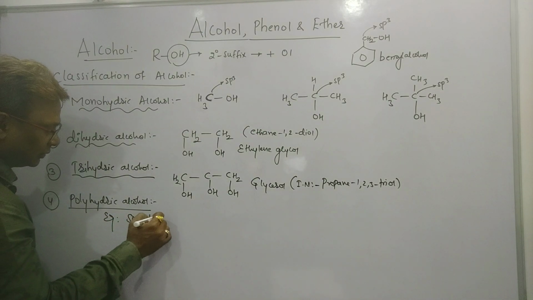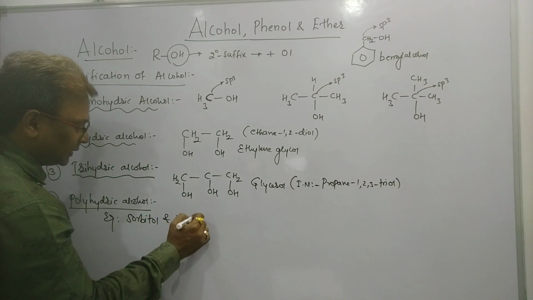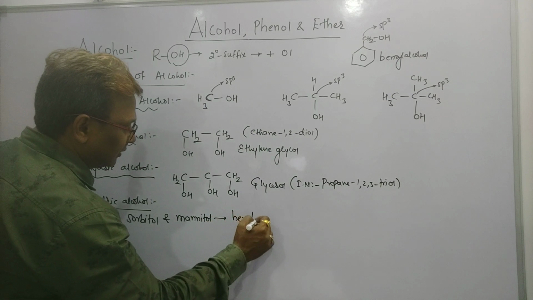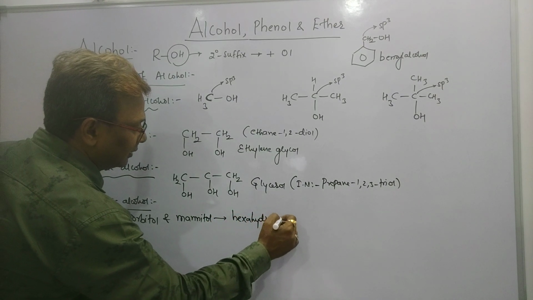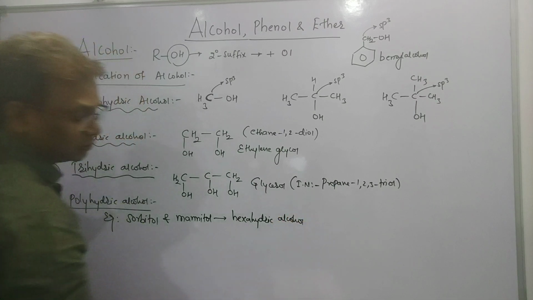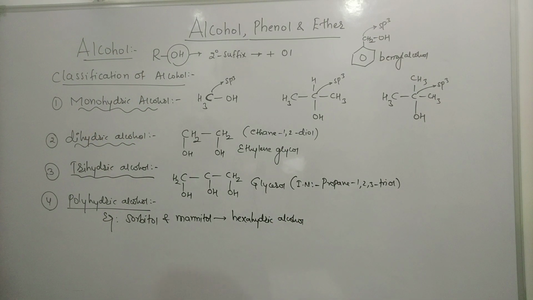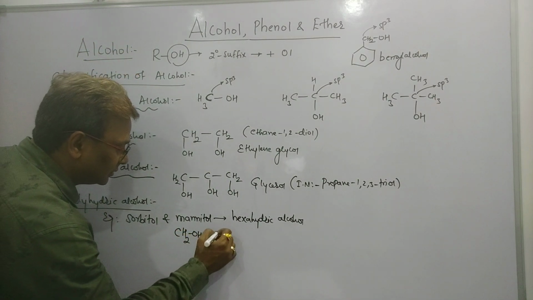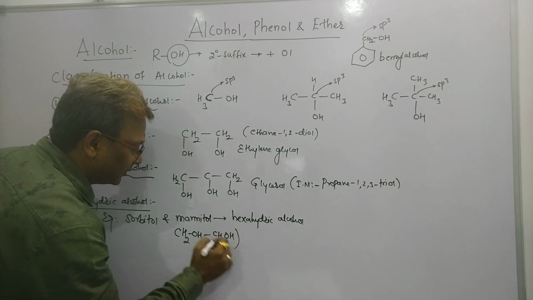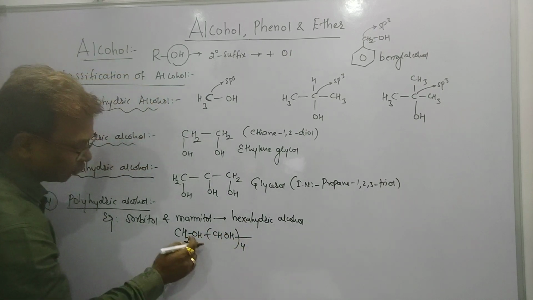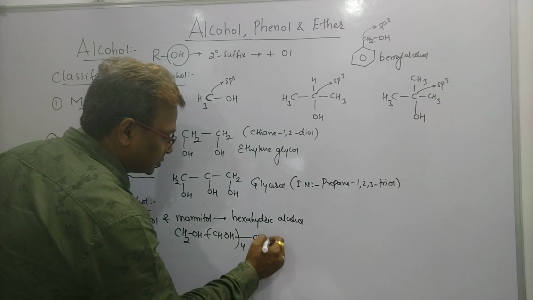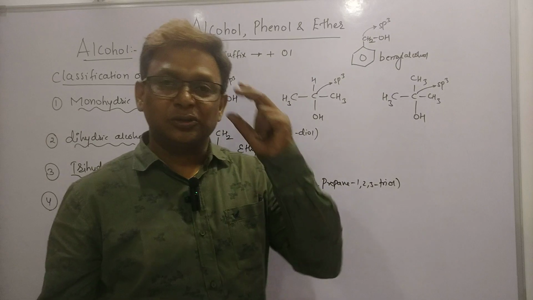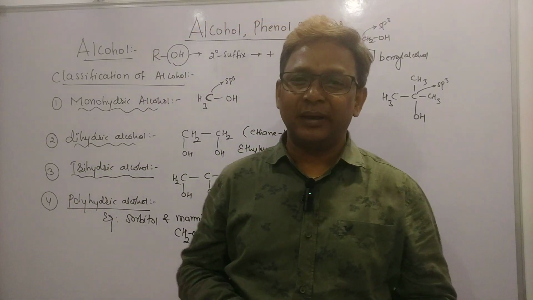Either it is sorbitol or it is mannitol, they are all hexahydric alcohols, meaning it has six OH groups. How to write six OH groups, I'll show you. It is CH2OH, then CHOH, this CHOH is taken 4 times, 4 plus 1 is 5, and again CH2OH is 6. This is called a hexahydric alcohol, and it is also called sorbitol, or it will be called mannitol.